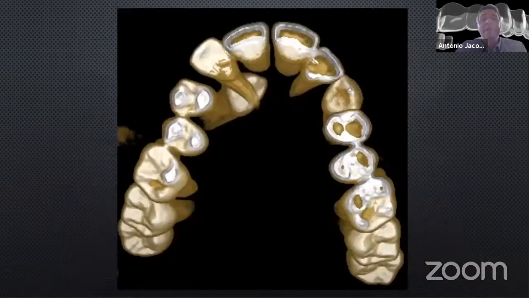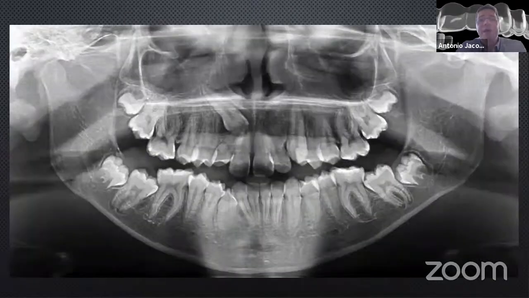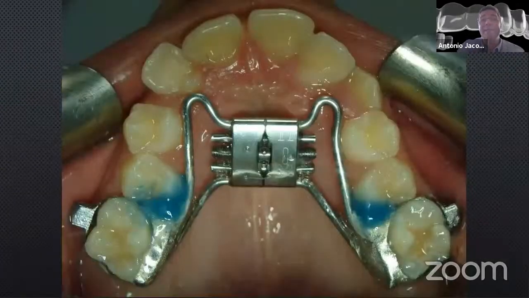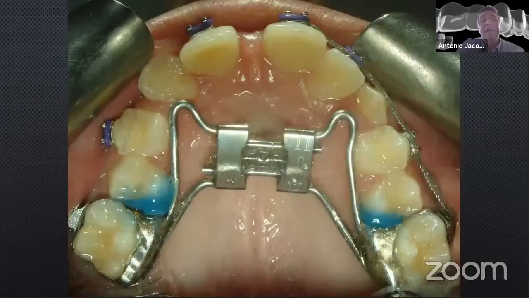So what we did, this was the first panoramic X-ray, and then we opened the space using rapid maxillary expansion and using the space of the diastema to accomplish more space for this side of the canine. So just simple mechanics, we just do a rapid maxillary expansion.